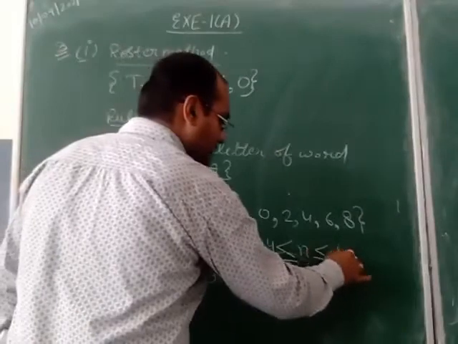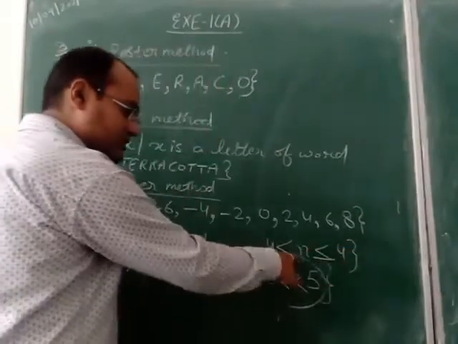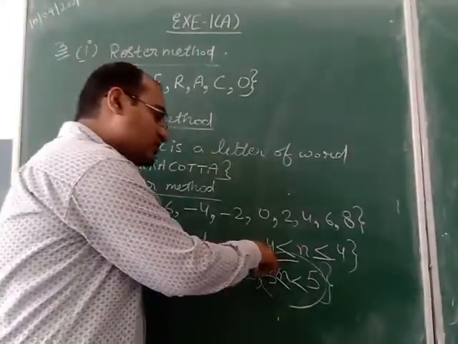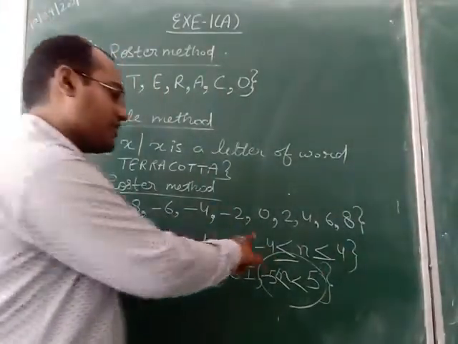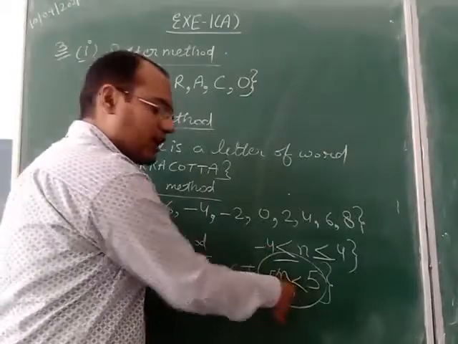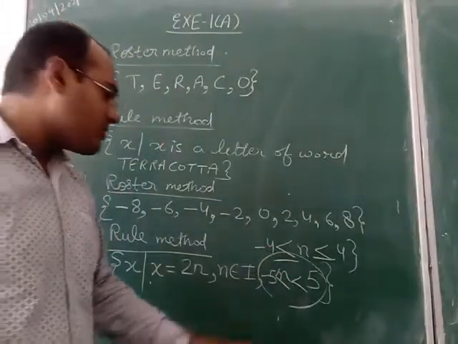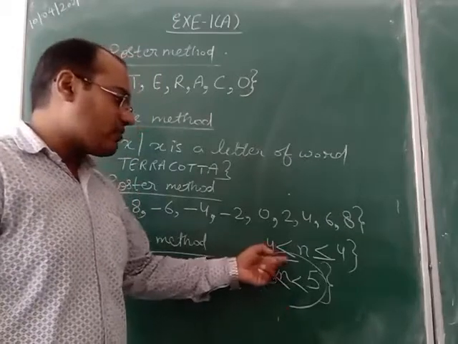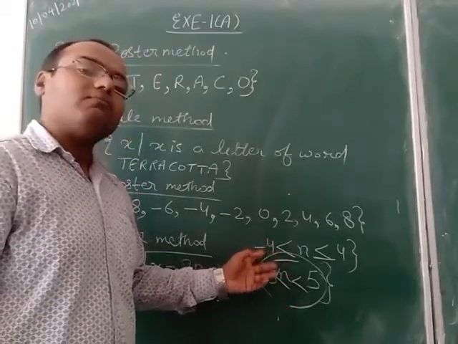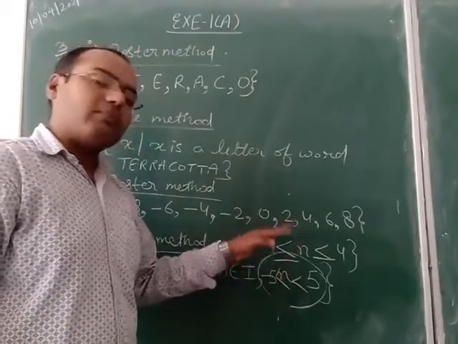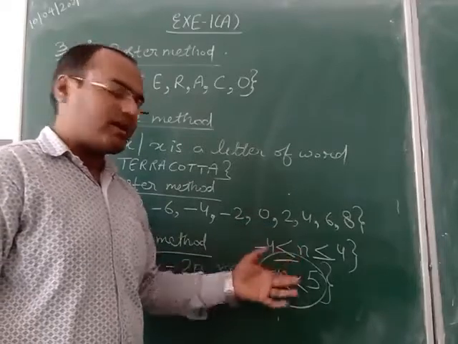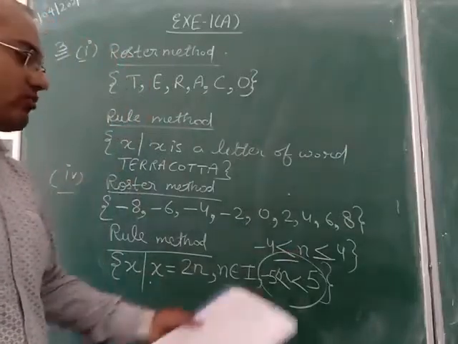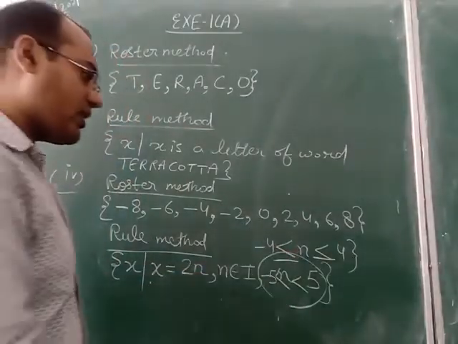This line represents equal to, which means this value -4 is also included. But here I have not put the equal sign, because I am not taking -4, I am taking greater than -5. If we put the equal sign, that means we are taking -4 and greater than -4 also. So both the ways are correct. Either you can do like this, or this method is also a correct answer.